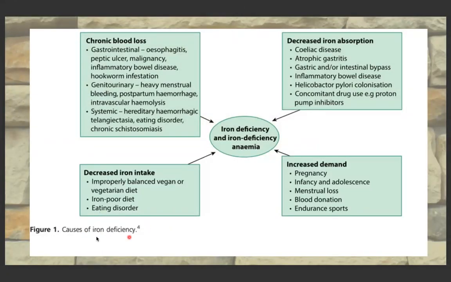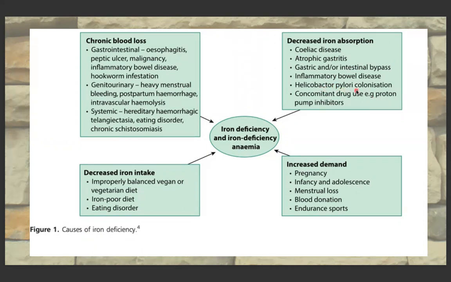So the causes of iron deficiency, as we say again, are either chronic blood loss or decreased iron intake, especially in vegan and vegetarian patients, or decreased iron absorption, especially in celiac disease or atrophic gastritis, or sometimes in those patients who are taking a proton pump inhibitor with the iron, which will reduce the absorption of iron.